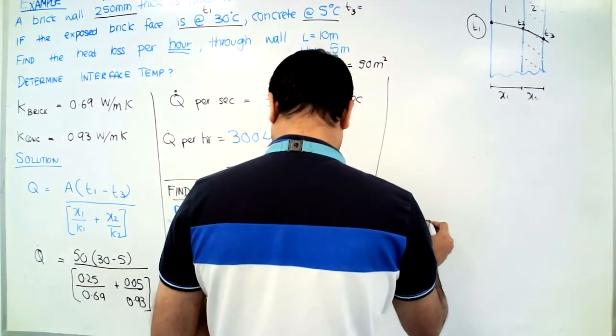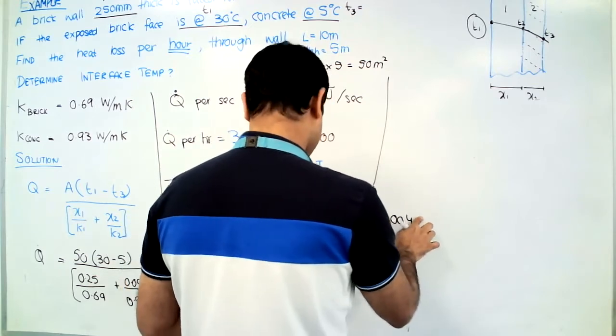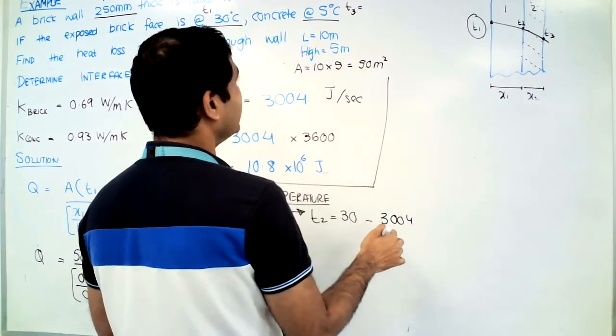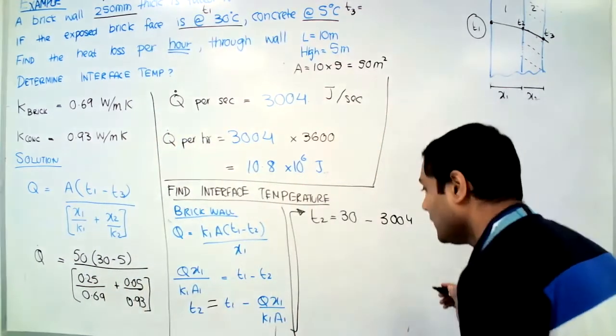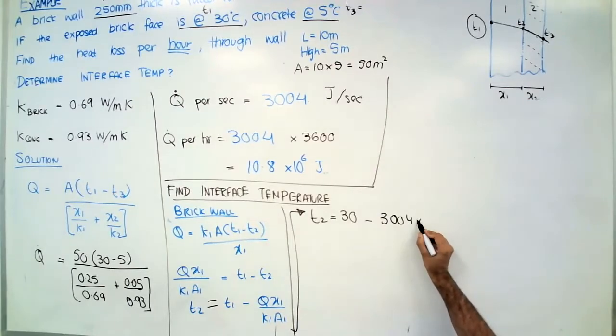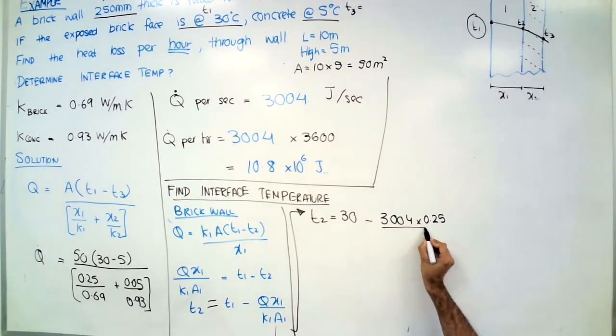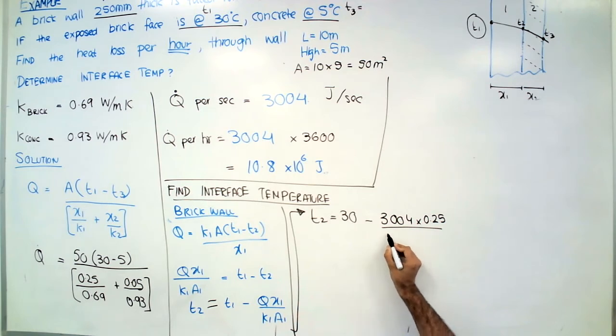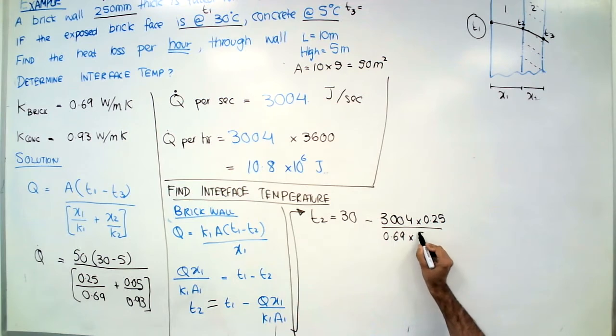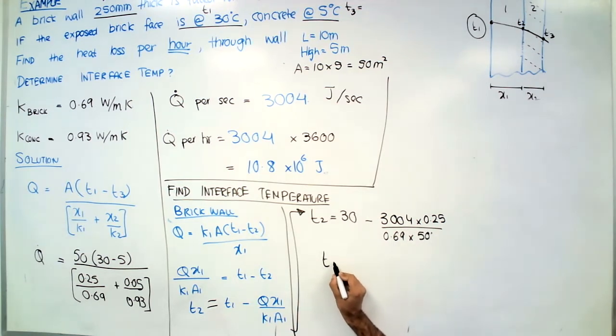X1 is 0.25, K1 is from there, 0.69, and the area is the same, 50. If you put that in the calculator, you will have a value of T2.